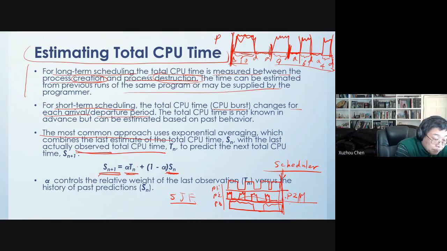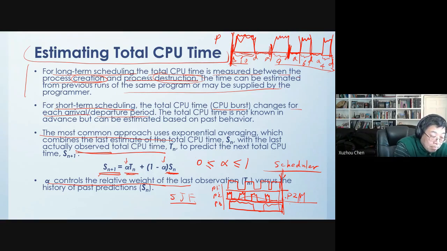And then here we put a particular number, alpha. Alpha is used to control the relative weight of the last observed CPU burst and the predicted CPU burst. The value of alpha is between 1 and 0.